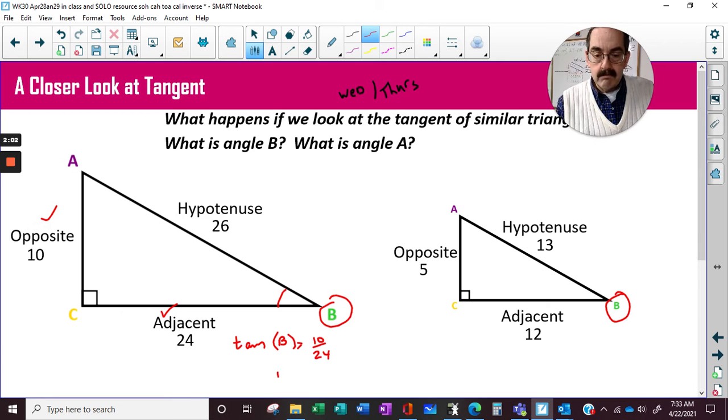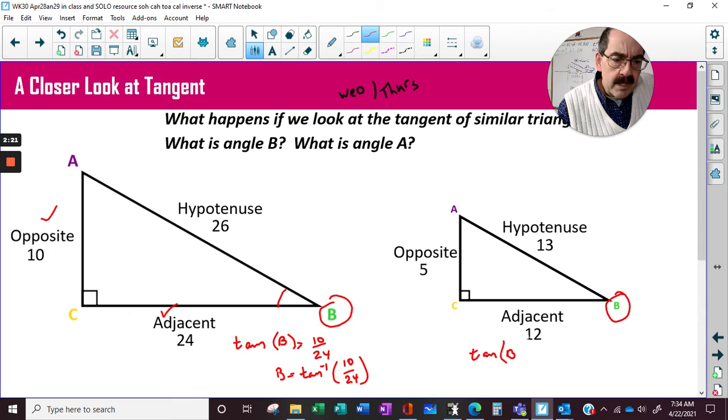B is equal to the inverse tangent, the arc tangent, the undo of tangent. Then over here, we'll set it up again. The tangent of B is equal to 5 over 12. B is equal to the inverse tangent of 5 over 12.